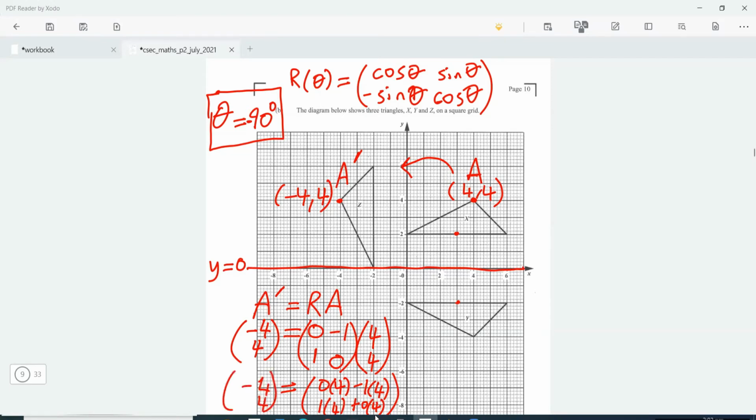So what can we say? Because it turns in this direction, it is anti-clockwise, and the angle at which it turns is 90. So we say that this is a 90 degrees anti-clockwise rotation about the origin. So let's go ahead and write that down.